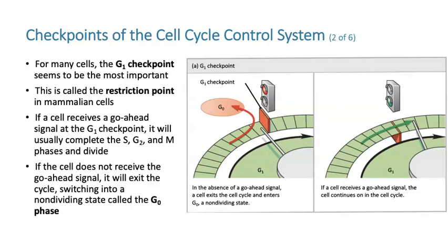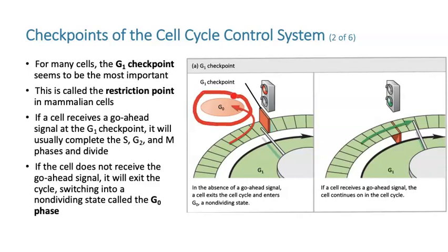A big old stop sign will be put up there, a stoplight, and if it doesn't get the signal, then what we say is that it enters a period of stasis where the cell just stays in that G1 phase.